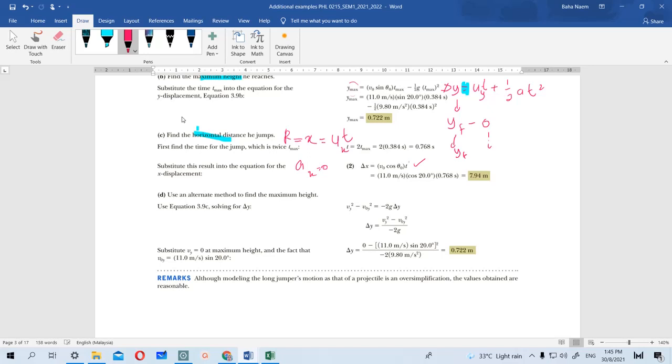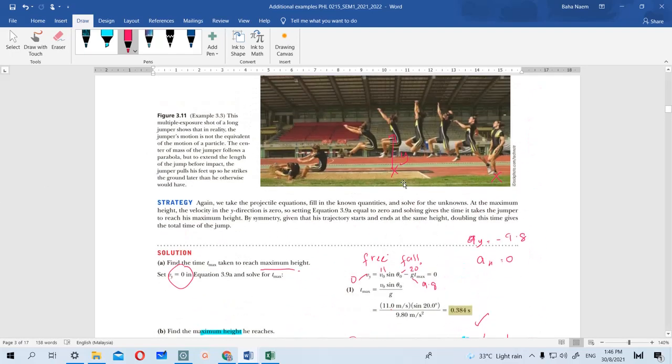Now, something to ponder. T is 0.768 seconds. Why? T max occurred at 0.384 seconds. So doubling it means that you have a symmetry time from the start at the ground, ending at the other side of the ground. So twice of it. Meaning if you substitute T in the Y direction to get height, you get 0 height.